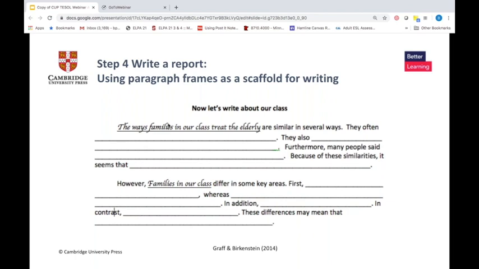These scaffolds give the kinds of supports that Jeanne talked about, where we're giving lexical phrases such as because of these similarities, or these differences may mean. We're teaching the language, the grammar, the forms, and the functions that people need for this purpose. So in this case, it's writing a report. And you'll also notice that it focuses on compare and contrast.